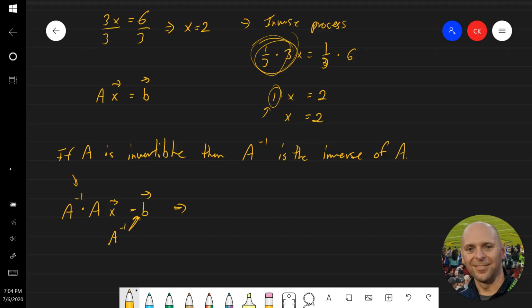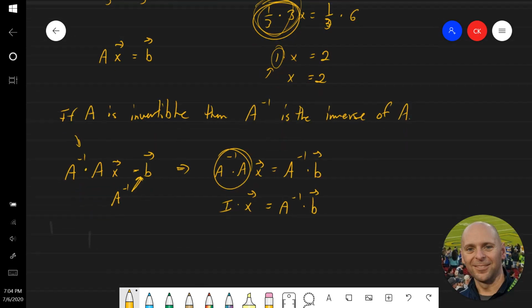So our statement becomes A inverse times A, times x equals A inverse times the column matrix B. A inverse times A is equal to the identity matrix, just like 1/3 times 3 is equal to 1. So I times x equals A inverse times B.